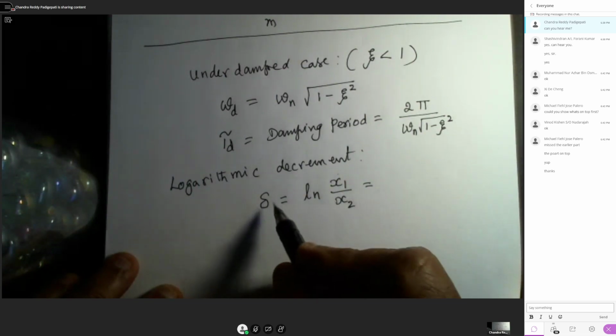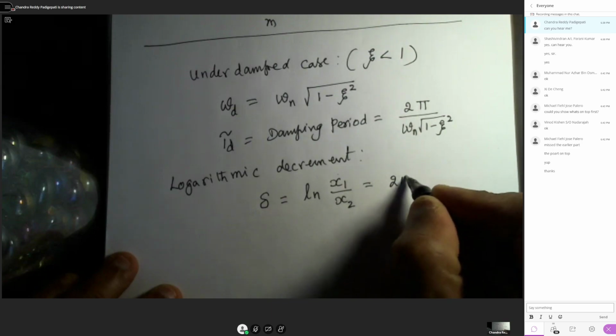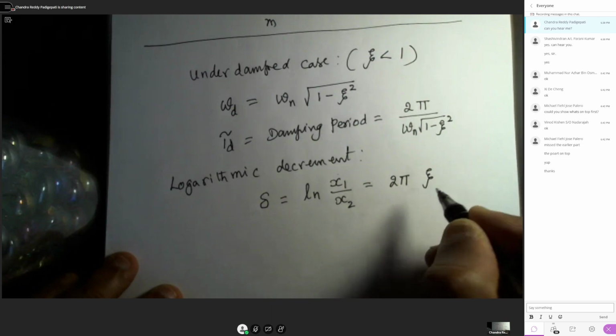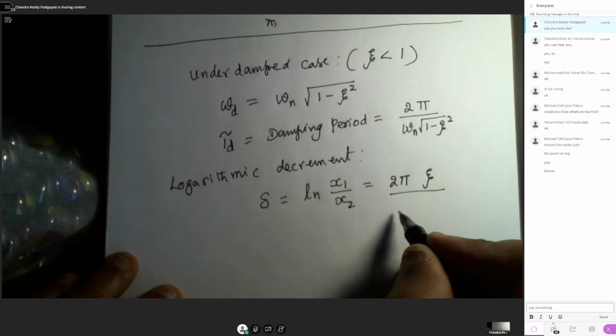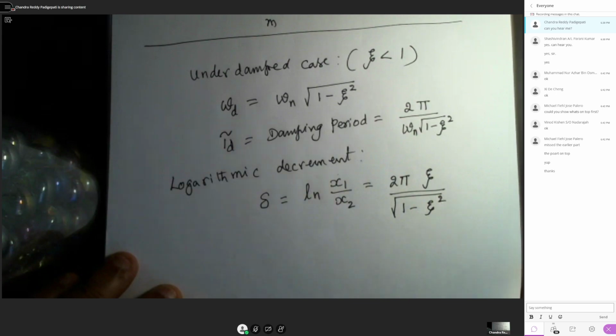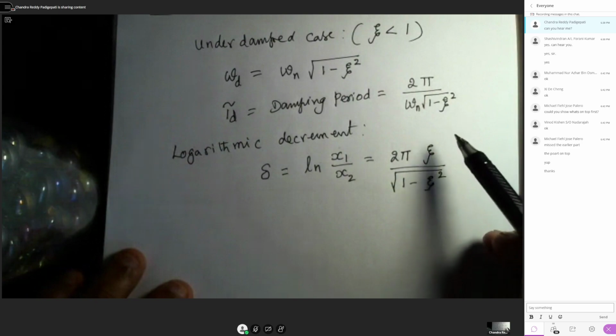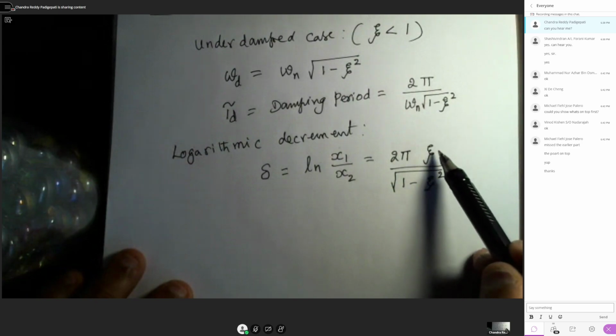Okay, so this logarithmic decrement is related to the damping ratio. We can write this as 2 pi eta over square root of 1 minus eta square. So by measuring the logarithmic decrement, we'll be able to find out the damping ratio.